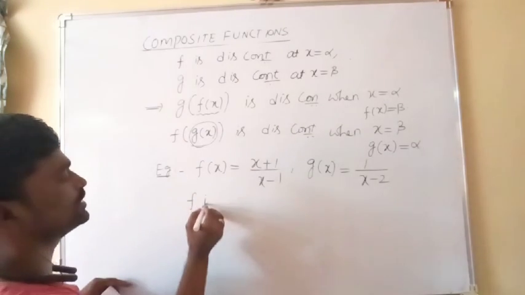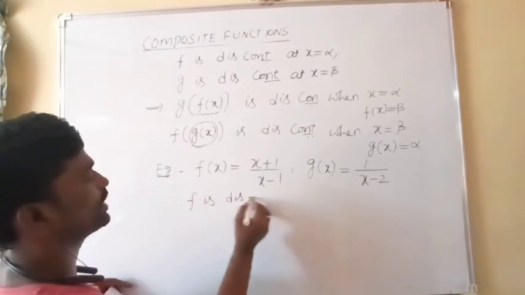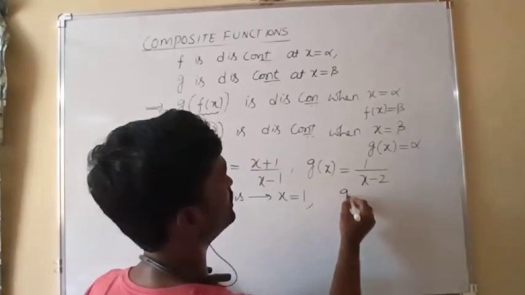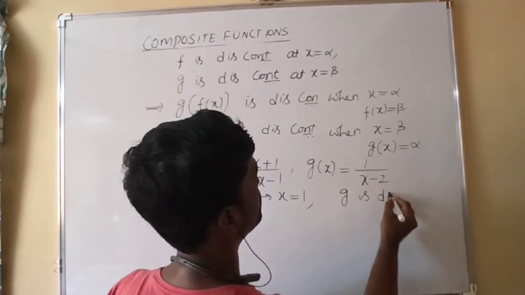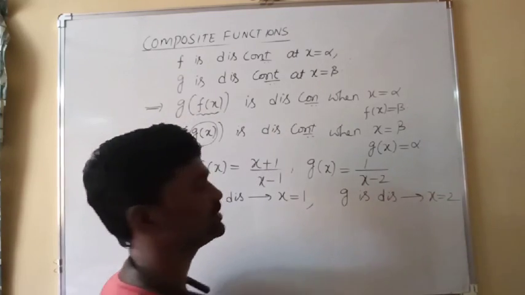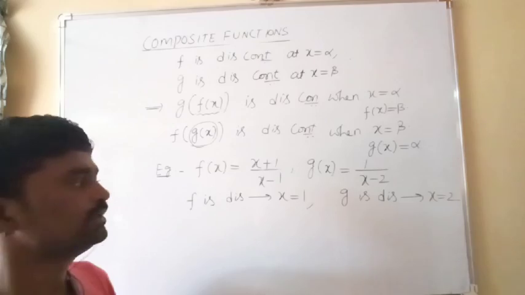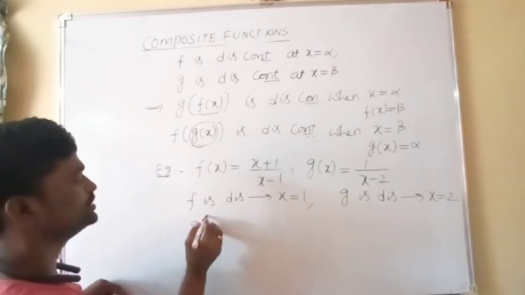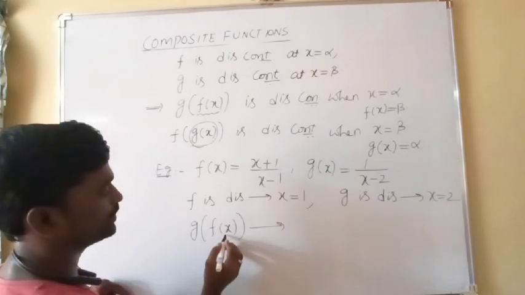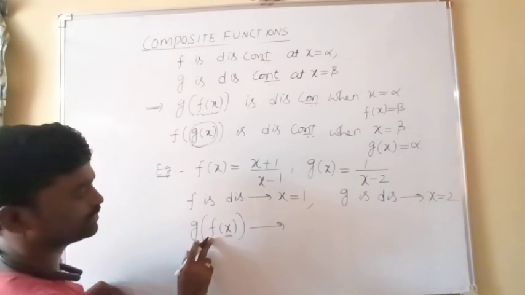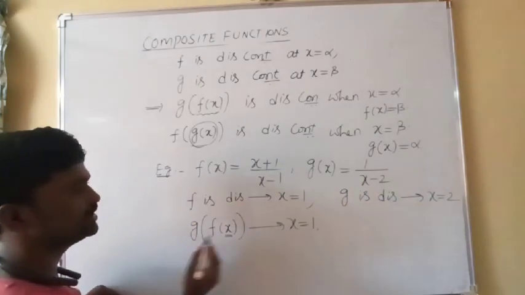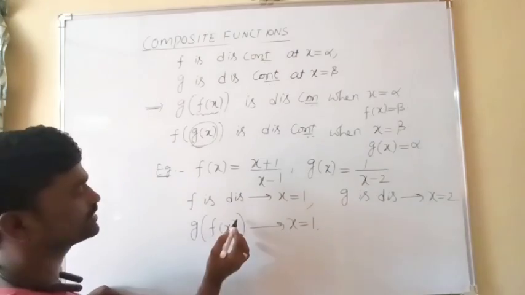So f is discontinuous at x equal to 1. Similarly, g is discontinuous when the denominator is 0, that is, x equal to 2. Then obviously g of f of x is discontinuous where f is discontinuous, at x equal to 1, and where the g function is discontinuous, at 2.